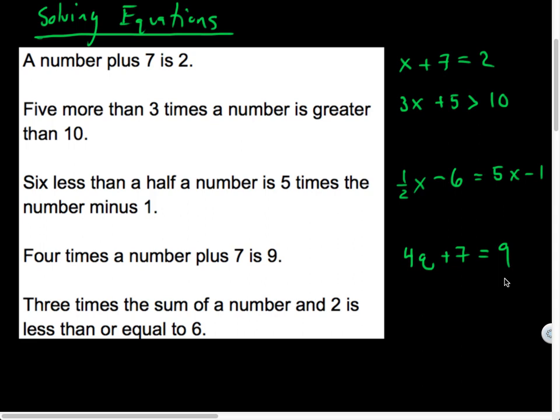Any guesses on how to write that one? X equals. X equals? No, I mean like 3x equals.